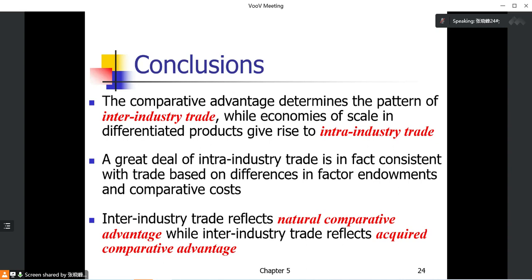A great deal of intra-industry trade is in fact consistent with trade based on differences in factor endowments and comparative cost.